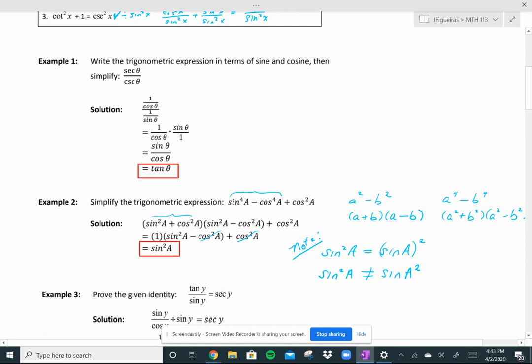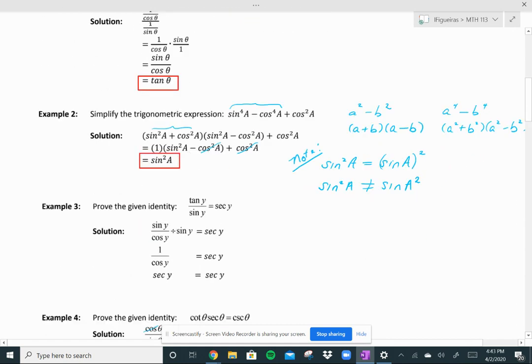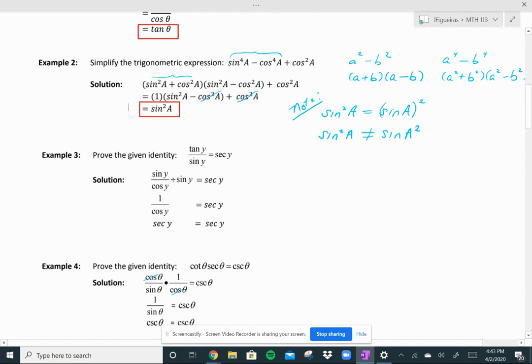All right, so here we're going to prove an identity. So an identity means that the left side and the right side are equal, and proving it means that we want to make one side look like the other side. So we want to prove that the tangent of y over the sine of y is equal to the secant of y.